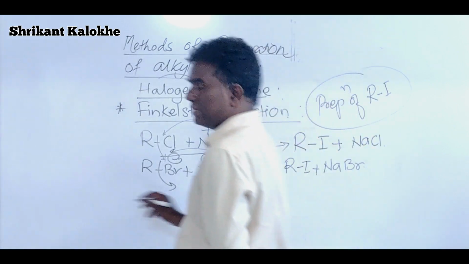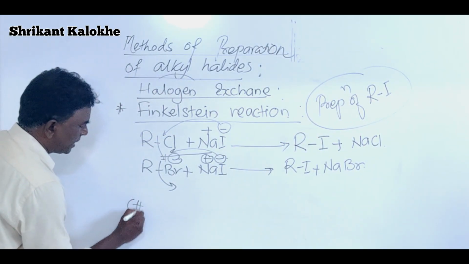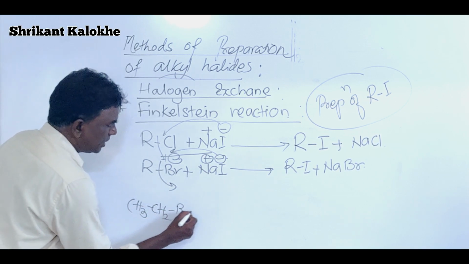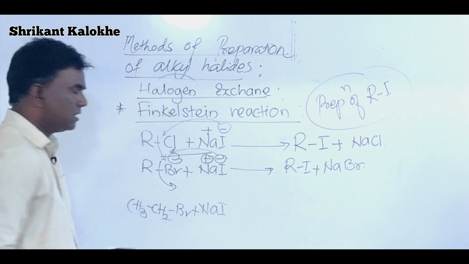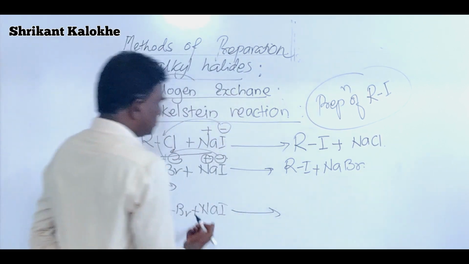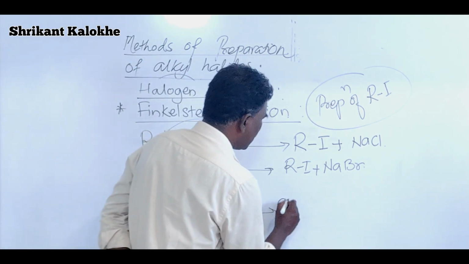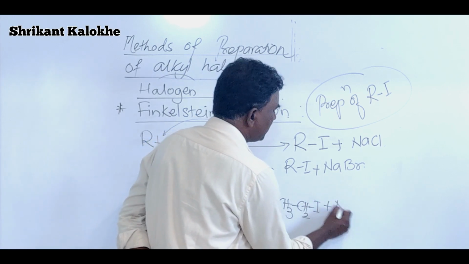We can apply this reaction on ethyl bromide. For example, ethyl bromide is treated with sodium iodide, a simple salt which is like sodium chloride. When it is treated with sodium iodide, that ethyl bromide gets converted into ethyl iodide plus side product NaBr.